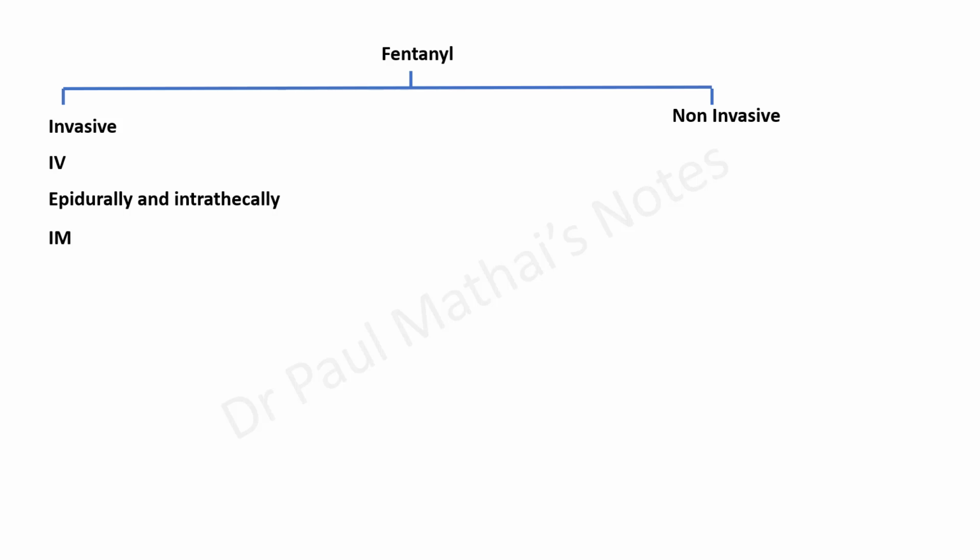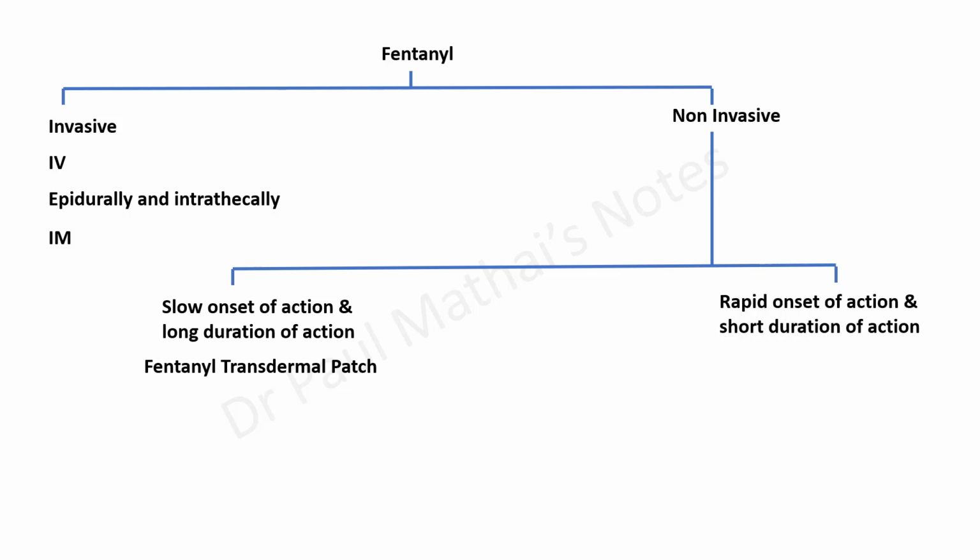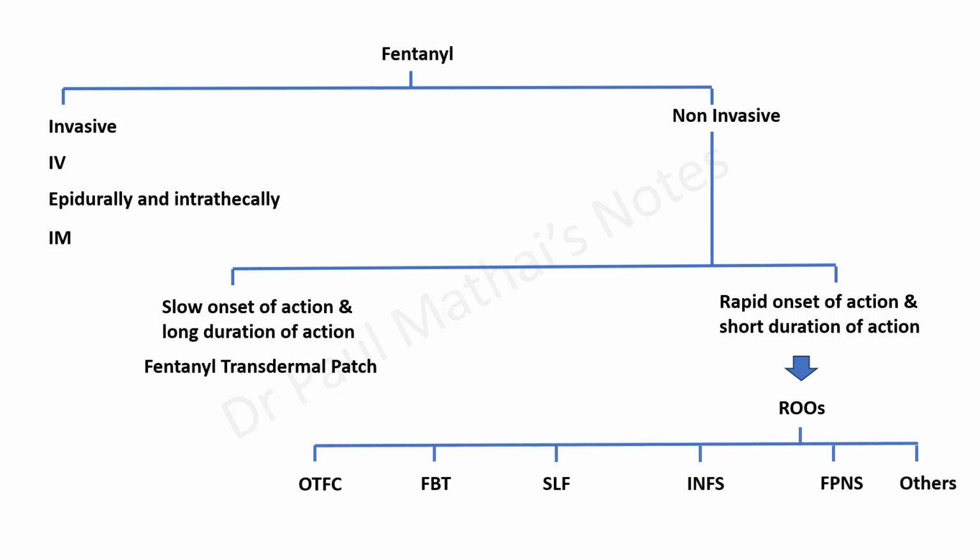Now, there are many non-invasive routes of administration of fentanyl. Some of them have got slow onset of action and longer duration of action, and the typical example of this would be the fentanyl transdermal patch. Non-invasive routes of administration which have rapid onset of action and shorter duration of action include the rapid onset opioids, of which we have many examples that we discussed above.